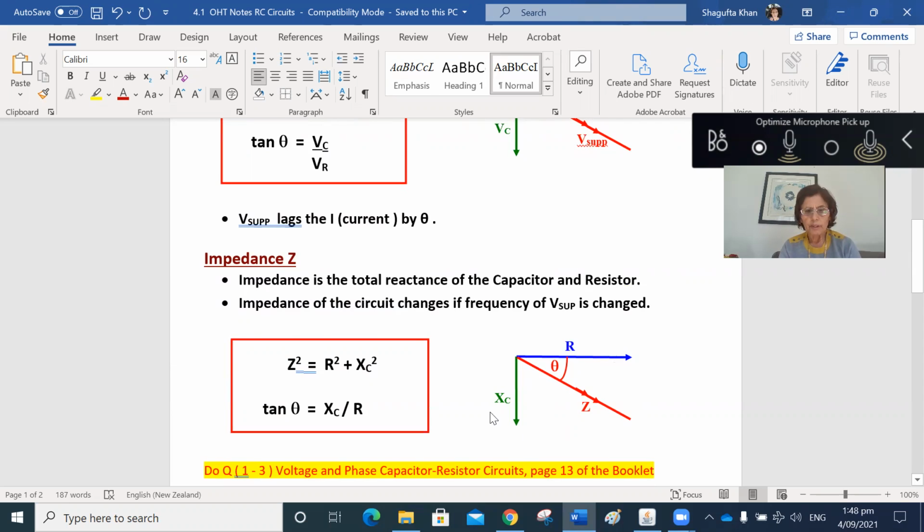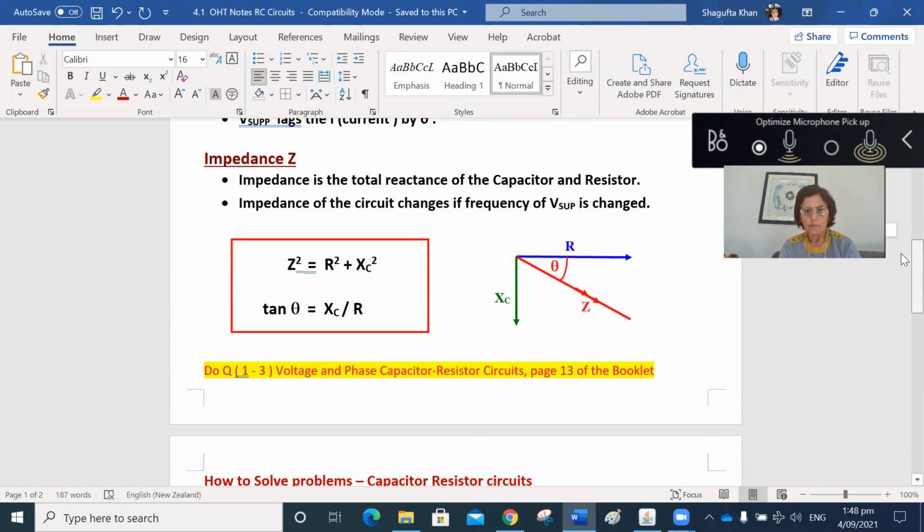So we add them like vectors: total impedance squared of the capacitor resistor circuit is R squared plus XC squared. And again, the angle between the total impedance and the current will be the same. We find tan theta, and tan theta will be XC over R, opposite over adjacent.